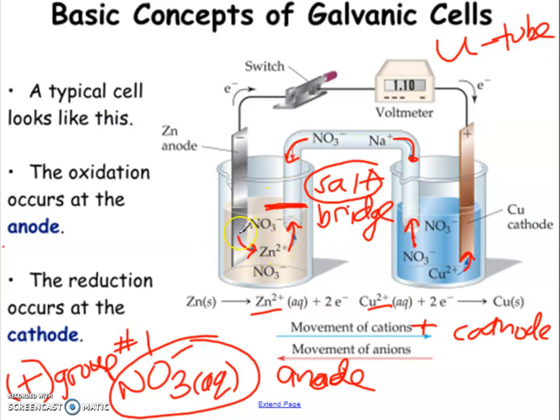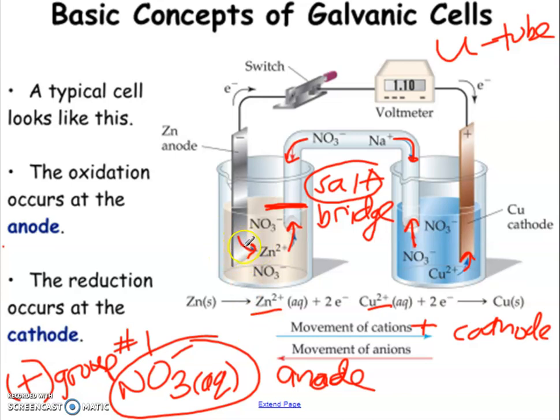What would happen is you would have zinc ions produced, and it would reach a point eventually where this solution would become saturated with the maximum amount of zinc ions that it could possibly hold. Once that happens, zinc ions would no longer be produced because there would be nowhere in that solution for them to technically go.